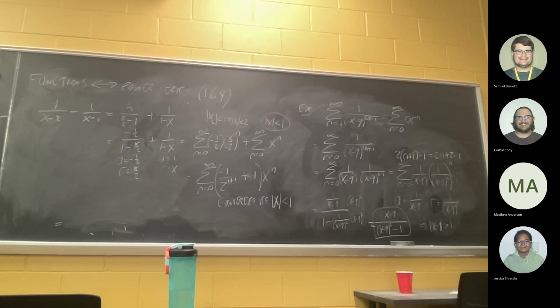Is it less than 1? No, if you do the algebra, it's greater than, because x is in the denominator. For example, suppose x is like 100, then r is going to be a lot less than 1.